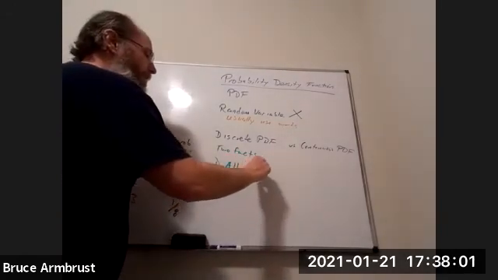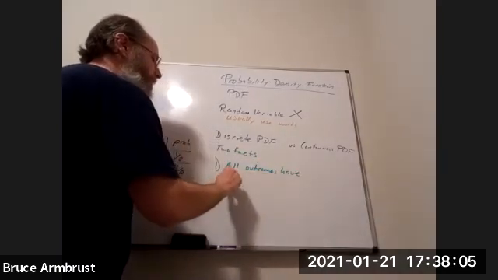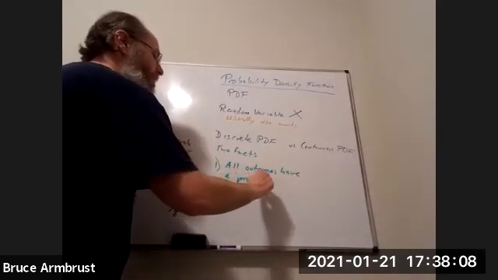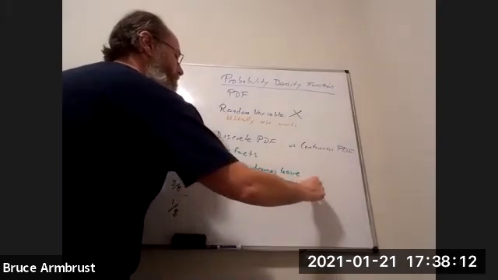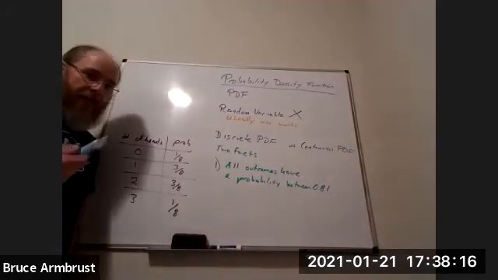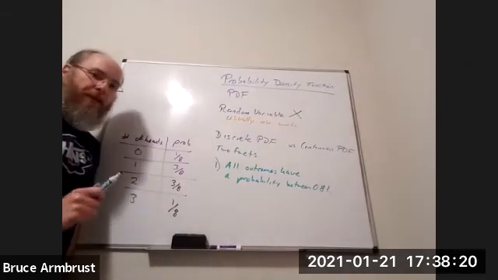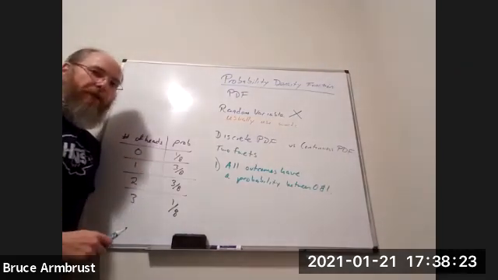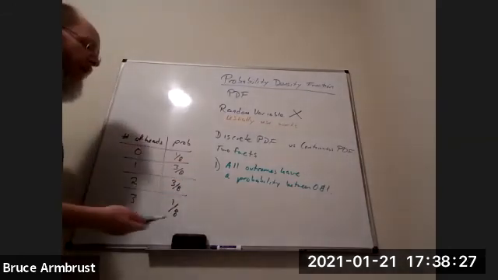Okay, so I'm going to put here that all outcomes have a probability between 0 and 1. Again, 0 meaning cannot happen, will not happen. 1 meaning will definitely happen. All right, but all the outcomes have to have a probability between 0 and 1.